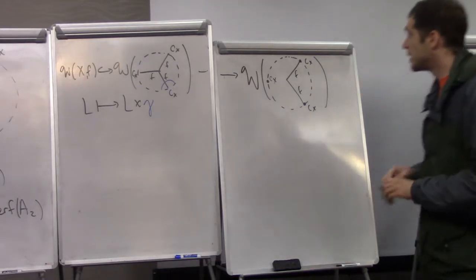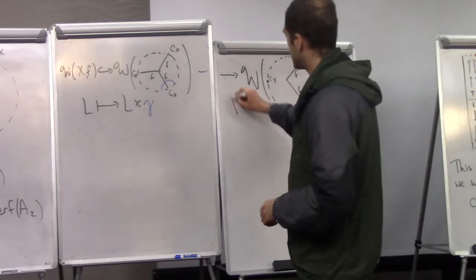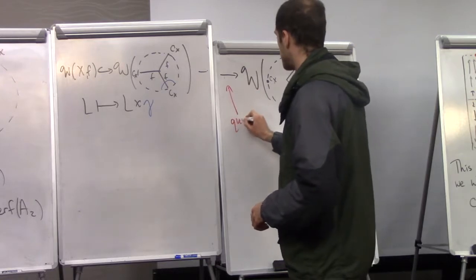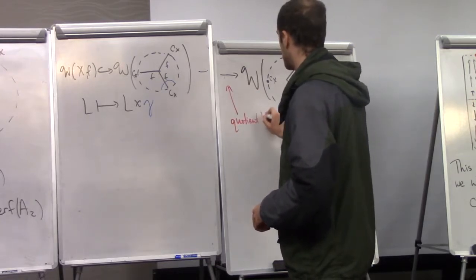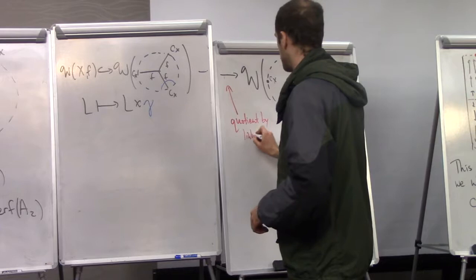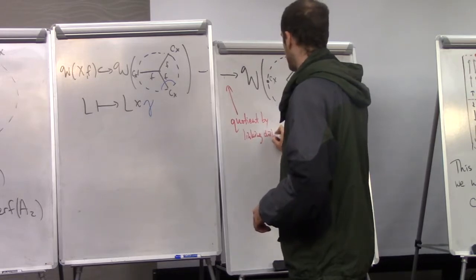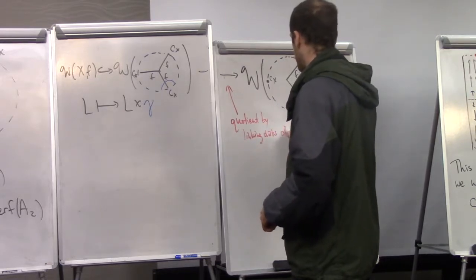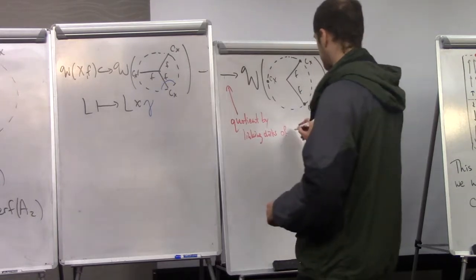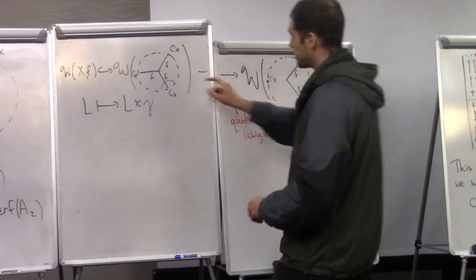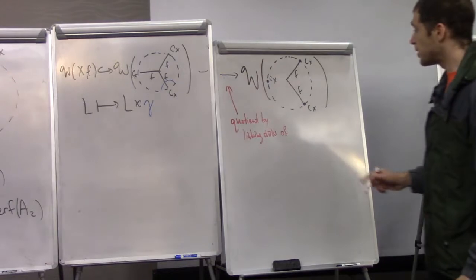And stop removal says this functor here is the quotient by linking disks of this copy of F, the copy of F that I removed.